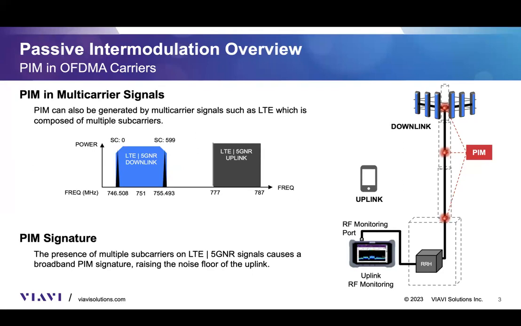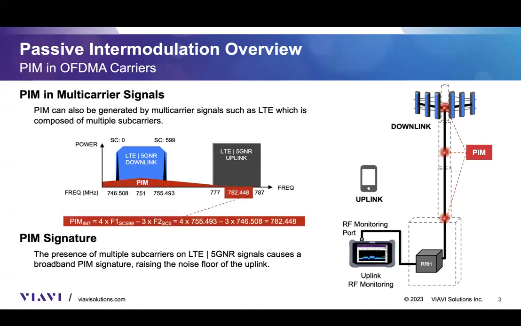When they go through that non-linear conductive medium, PIM is created among the different subcarriers. As an example, subcarrier 0 and subcarrier 599, because this is just a 10 meg signal, happen to land on almost the center frequency of the uplink. But in any case, this is just to give you a sense of how the PIM signature looks when we have an OFDMA signal, which is all LTE and 5G signals.